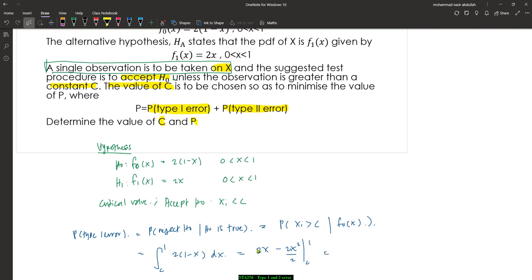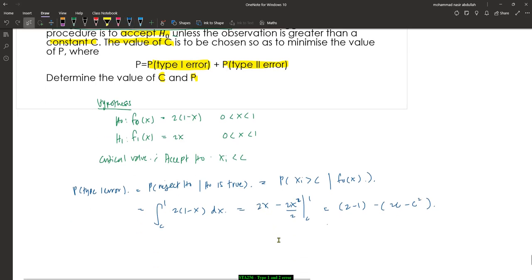So this one should be 2 minus 1 minus, right, 2 minus 1 minus (2c minus c square). This is square, right? Okay, so this one should be equal to 1 minus 2c plus c square, right?